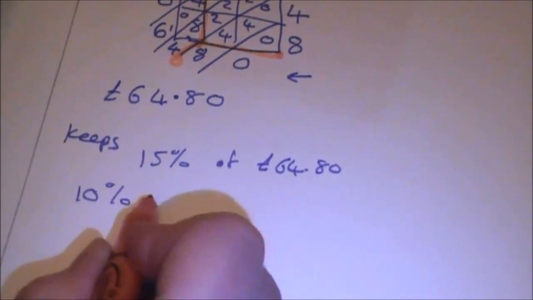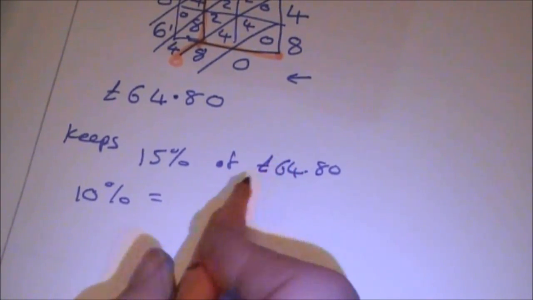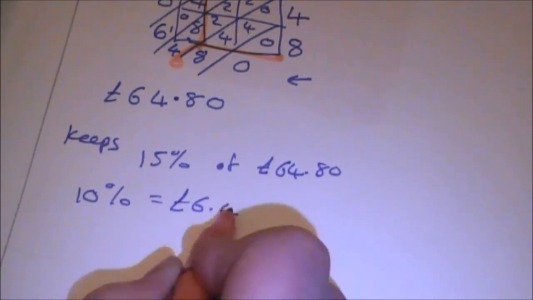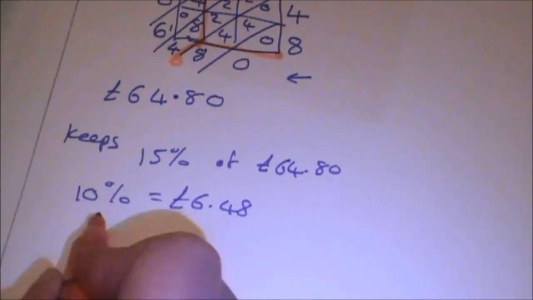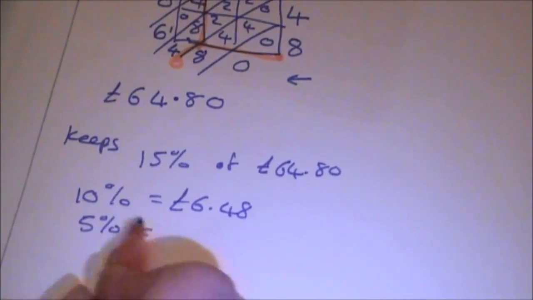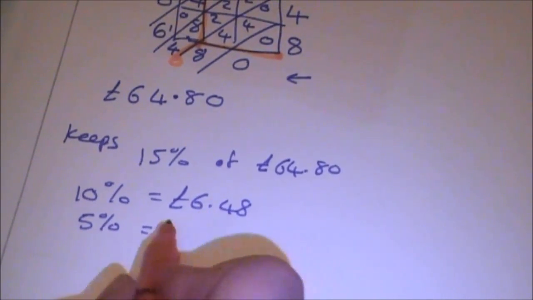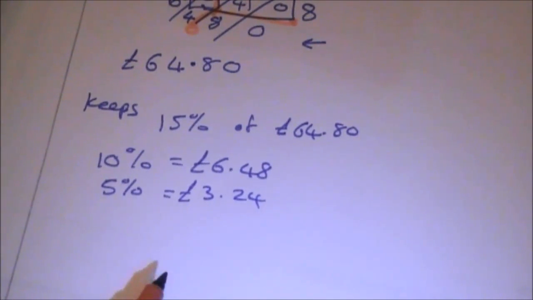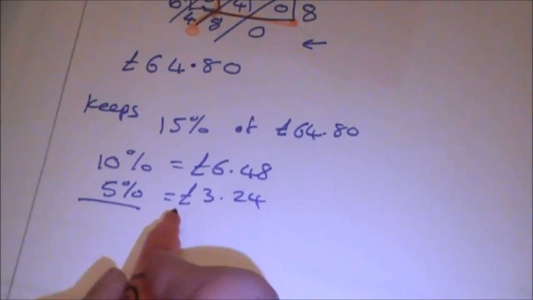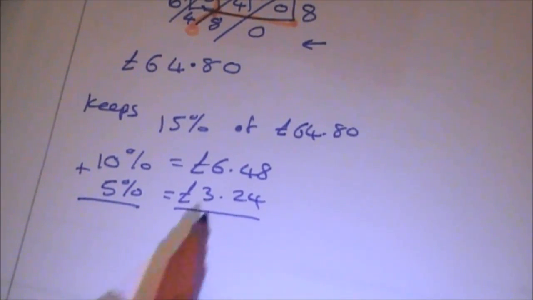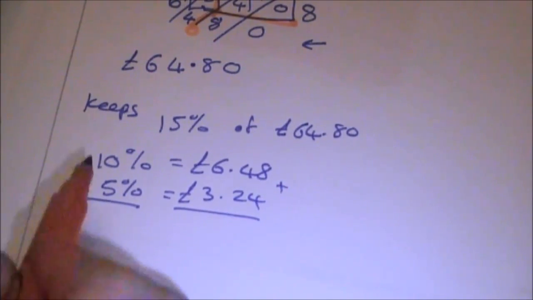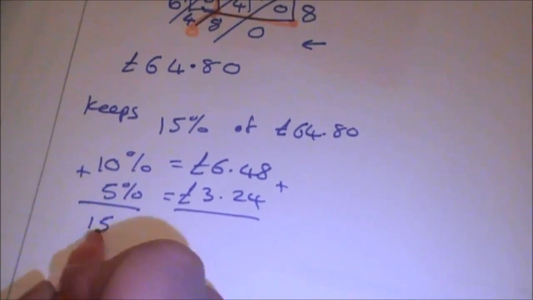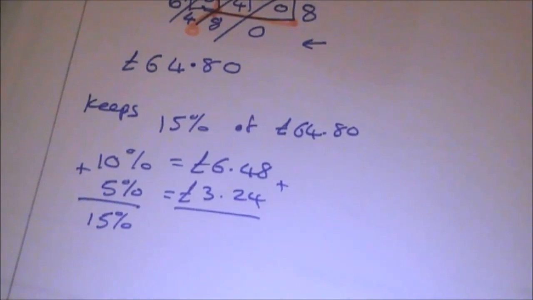10%. Now to find 10% you divide by 10, so that's £6.48. I then want 5%, which is just half of 10%, so it's £3.24. Now in order to get 15%, I just add my 2 percentages up, because 10% plus 5% is 15%.